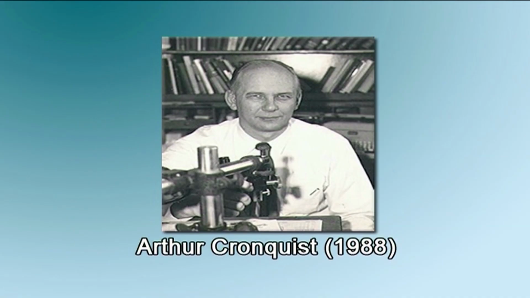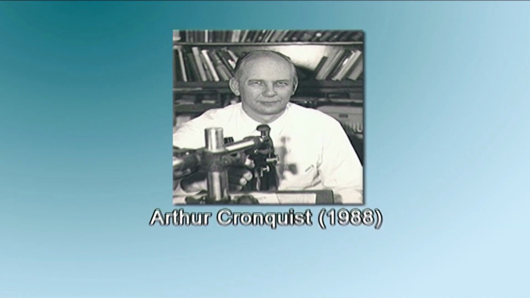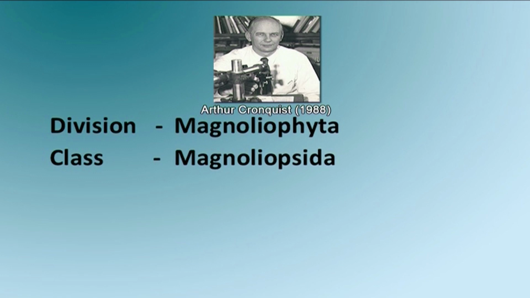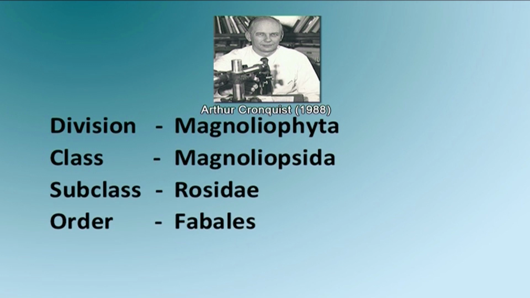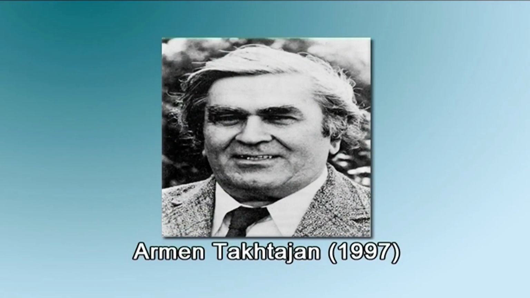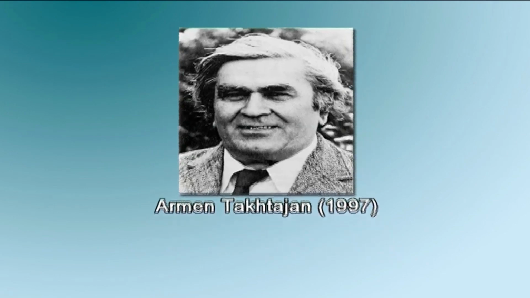An American taxonomist, Arthur Cronquist, in 1988 proposed the following classification system for Fabaceae. Division Magnoliophyta, class Magnoliopsida, subclass Rosidae, order Fabales, family Fabaceae sensu stricto Papilionaceae. Armen Takhtajan, a Russian taxonomist, in 1997 proposed the following classification for Fabaceae.